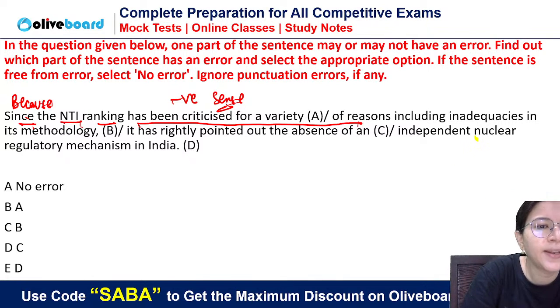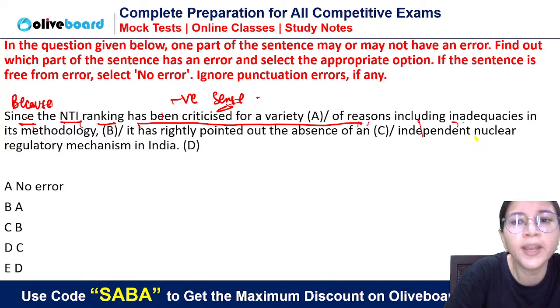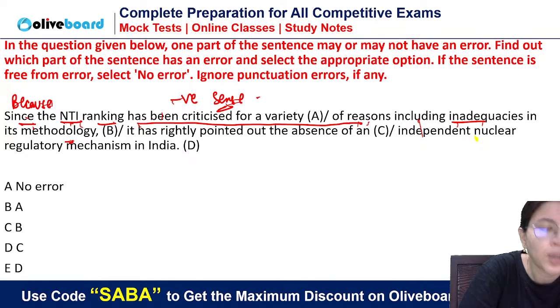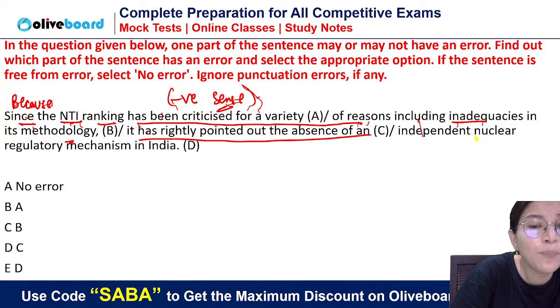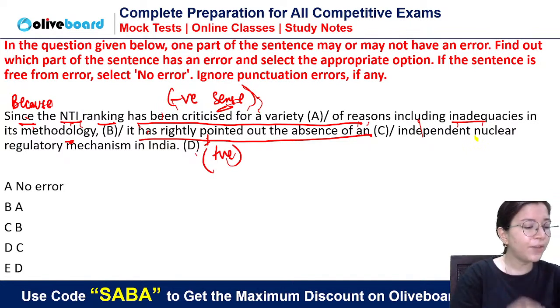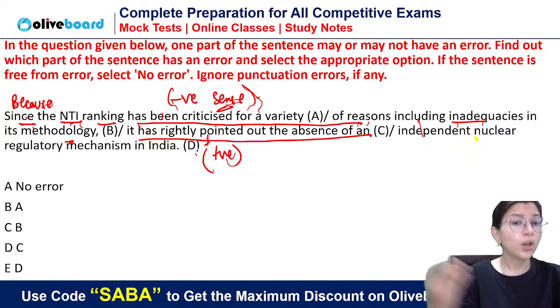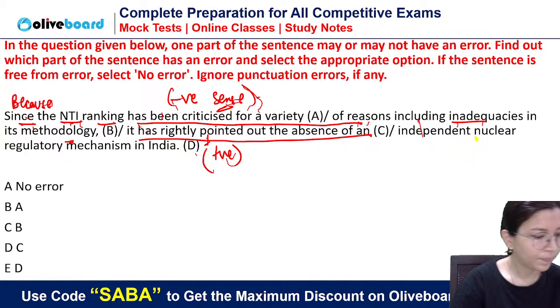Now, since the NTI ranking has been criticized for a variety of reasons, including inadequacies in its methodology, here we are getting negative sense. It has rightly pointed out the absence. Here we are talking about positive. So can we use since to connect negative and positive?